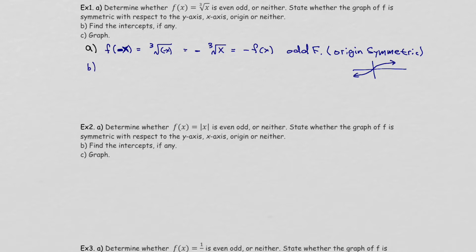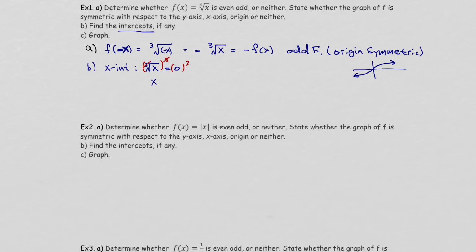The second one is asking you to find the intercepts. So we have two intercepts, the x-intercept and the y-intercept. In order to find the x-intercept for any given equation, you're going to let y equal 0. And y is the same as f of x. So when we replace f of x with 0, and solve for x, that's what you get for the x-intercept, right? You're going to cube both sides to get rid of the cube root.